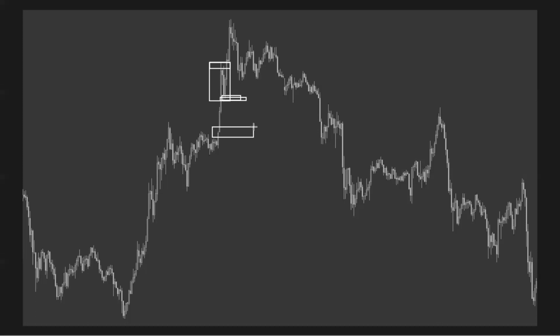So the point is that after an illiquid move like that, a candle or series of candles like that can tell us quite a lot.